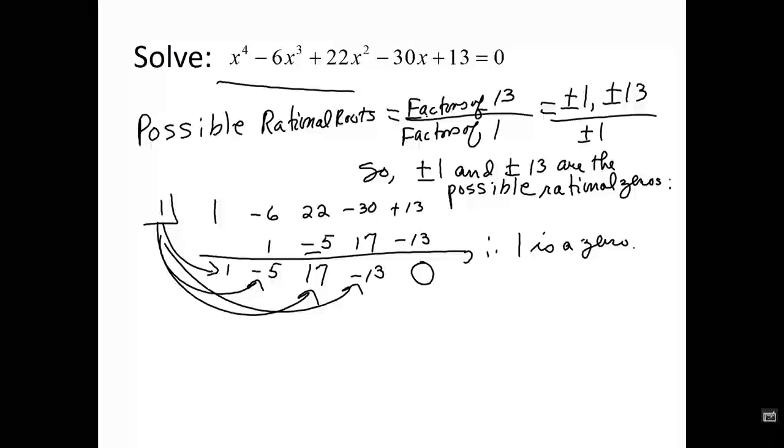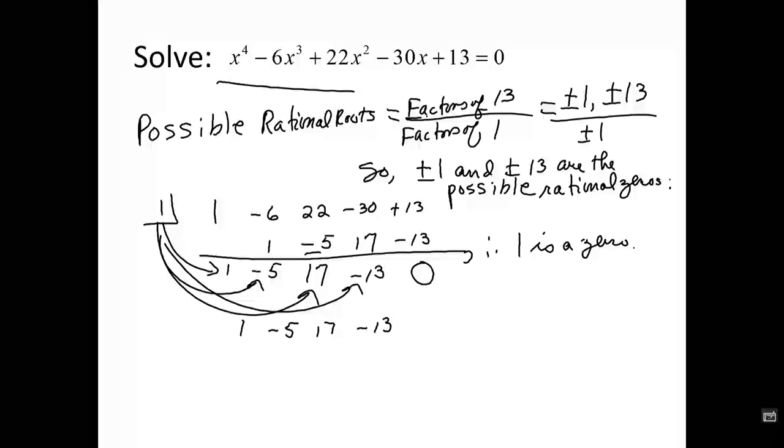And now the quotient, upon dividing by x minus 1, is 1, negative 5, 17. In other words, we have 1x cubed minus 5x squared plus 17x minus 13.